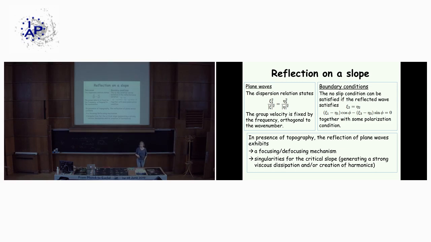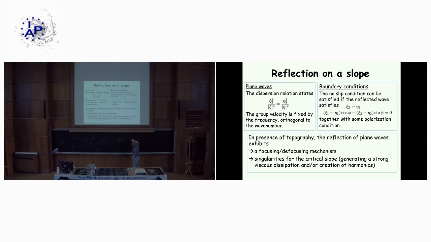Okay, so now what I say is that for these very strange waves, where omega does not depend on the modulus of k but on the direction of k, the rule for the reflection will be completely different. It will not be different in the case of a vertical or horizontal boundary, but for a sloping boundary like this.